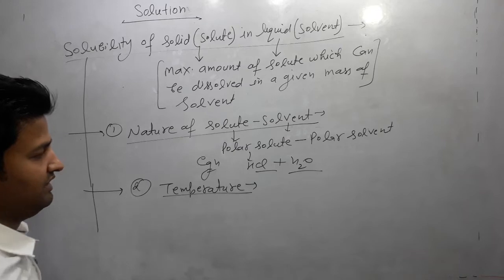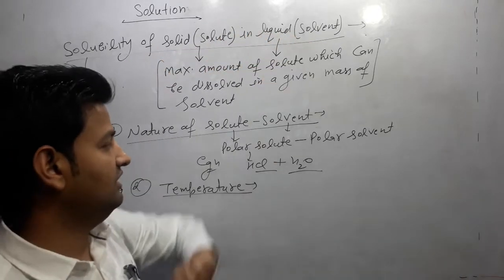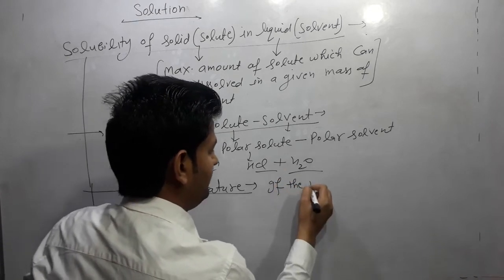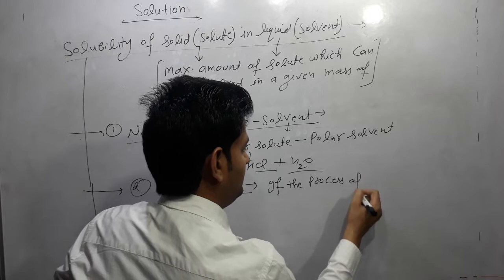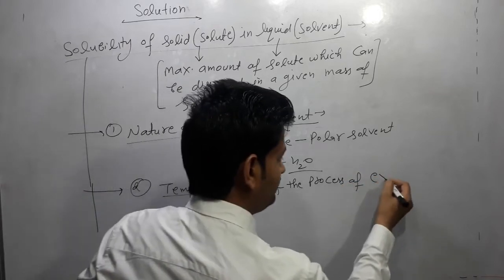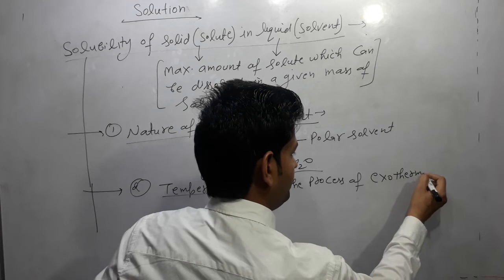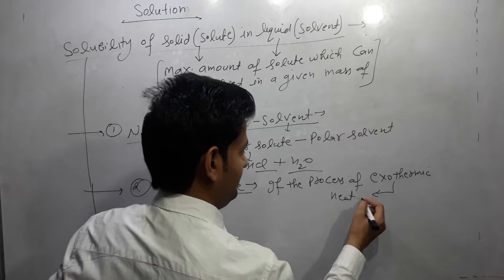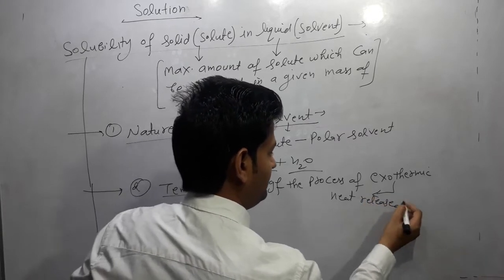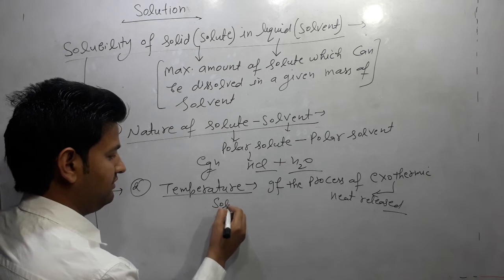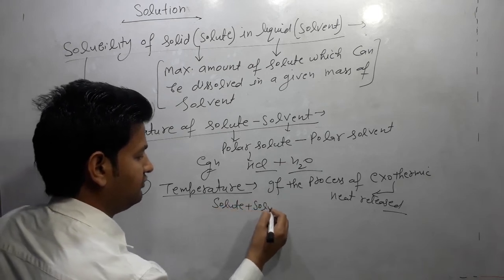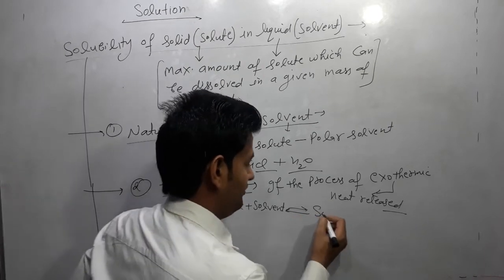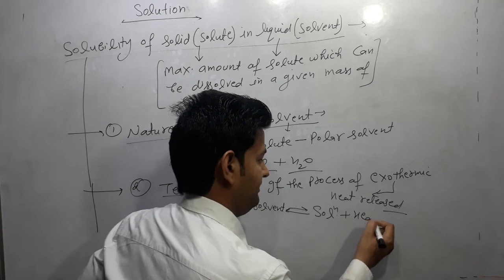Temperature plays a very important role in the solubility of a solid in a liquid. If the process of dissolution is an exothermic process, in which heat is released, then when solute dissolves in solvent in equilibrium condition, it gives solution plus heat.